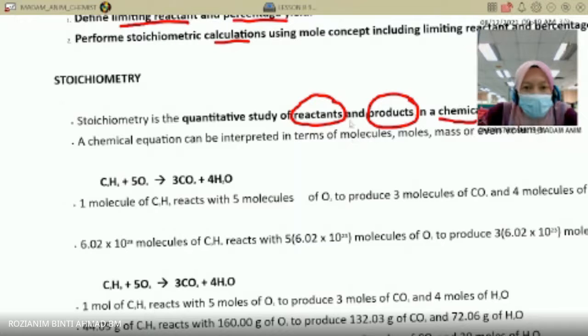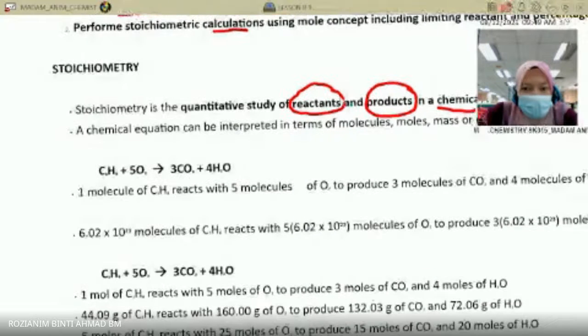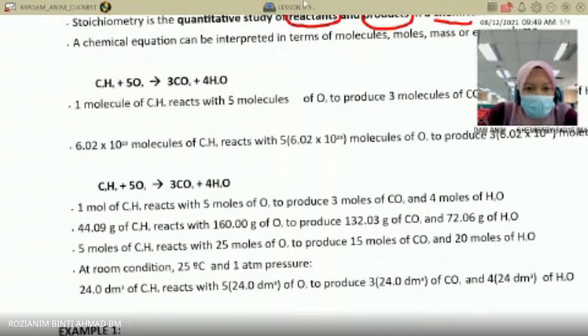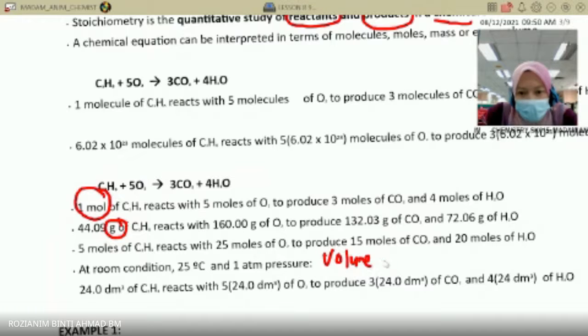This stoichiometry is a measurement, okay, either we try to measure reactant and product in form of unit mole, mass, volume, molar volume and so on. Maksudnya any measurement means we need to discuss the relationship of them.